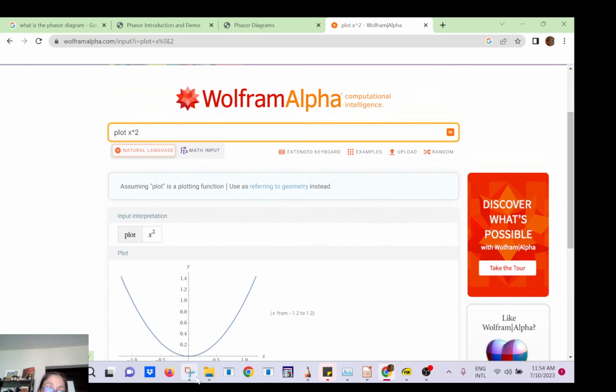That's a horizontal shift. If you want to shift it to the left, you do f of x plus 1, and it's going to shift to the left. If you want to shift it up, you just do plus 1.